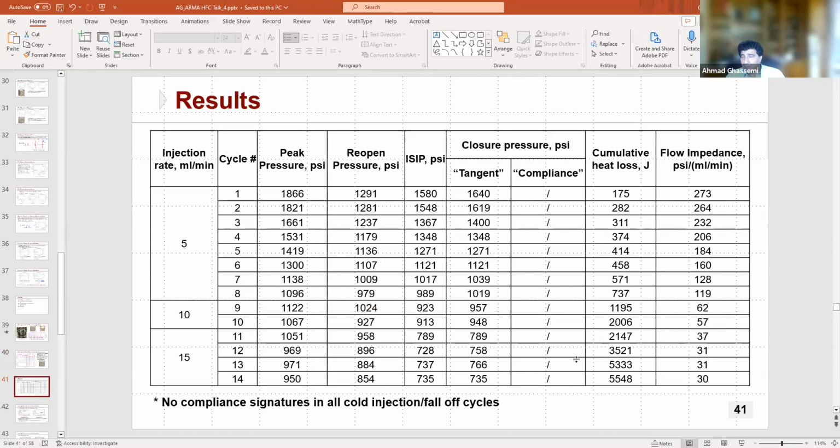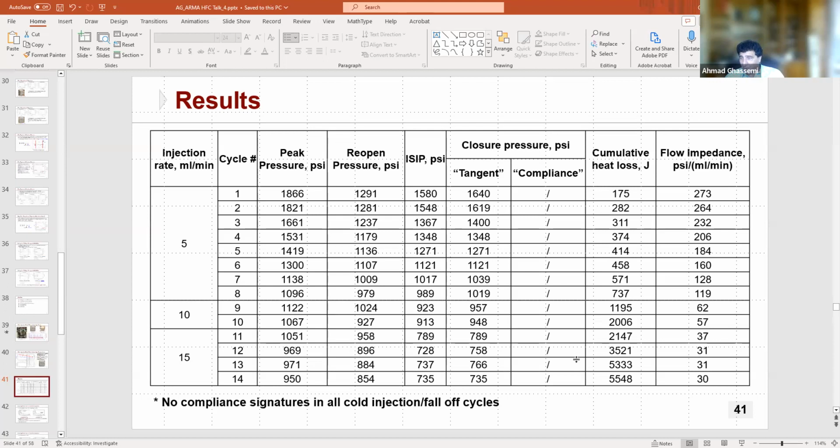So what we did instead was to use the so-called tangent method, ISIP, and reopening pressure, and since then we have also taken the first departure from linearity as an indicator too, not shown in this particular table. We also calculated the cumulative heat loss during multiple injections, and determined the flow impedance.